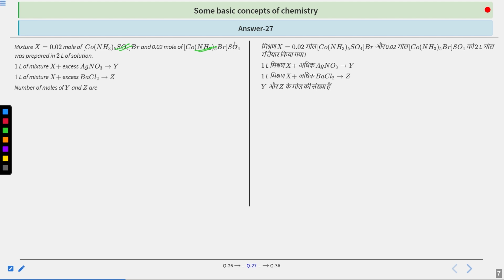Now we are separating 1 liter from that 2 liter, meaning from the parent mixture we are separating equal portions, 1 liter on one side and the other 1 liter on the other side. The first one is treated with excess AgNO3 to give Y, and the second one is treated with excess BaCl2 to give Z. And you have to find the number of moles of Y and Z.